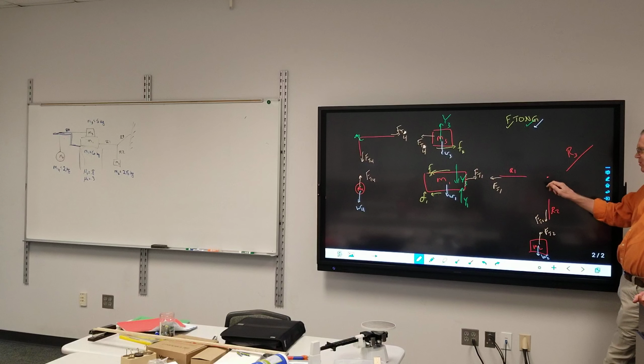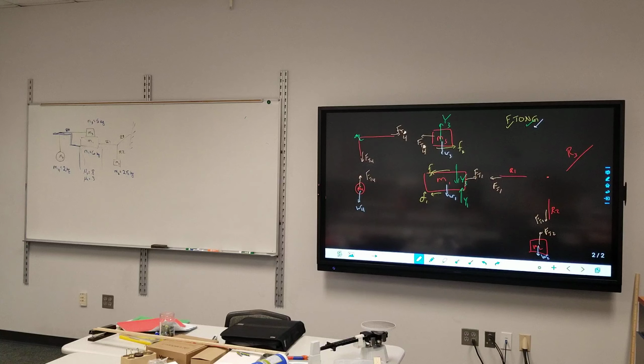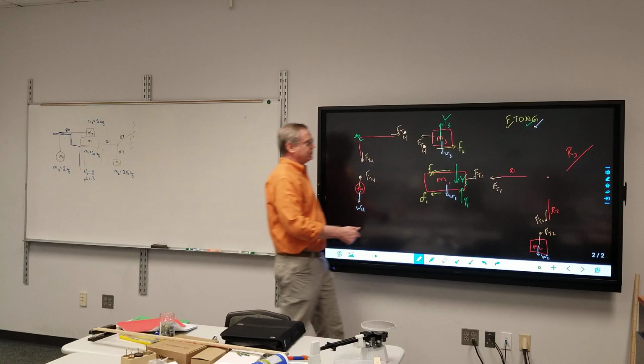The ropes aren't ideal, but there's still something holding them together. Hint, start with the force diagram from masses 1, 2, 3, 4, and the intersection point of ropes 1, 2, and 3. Intersection point, yeah, same one. That's the intersection point of 1, 2, and 3.